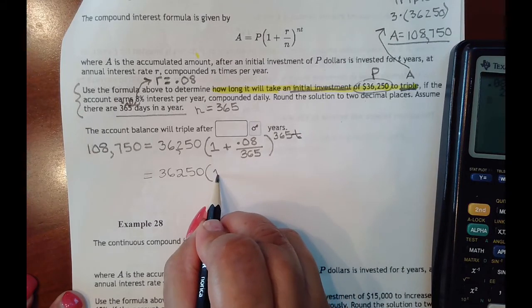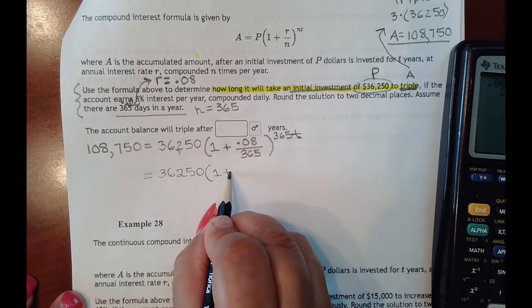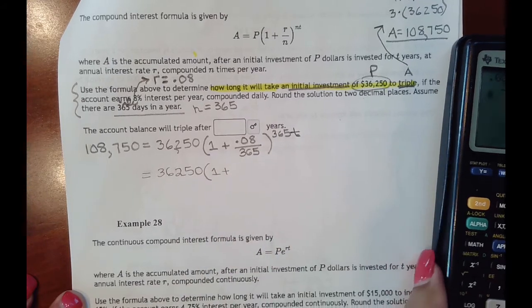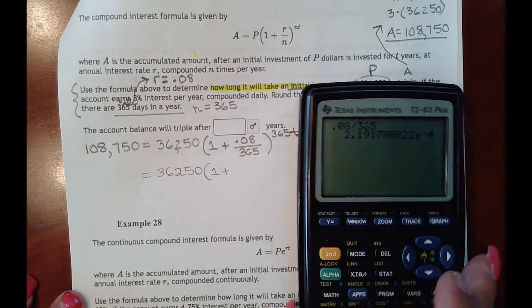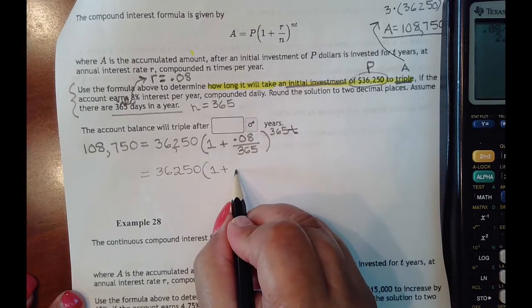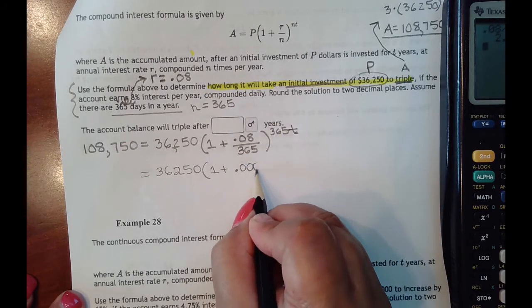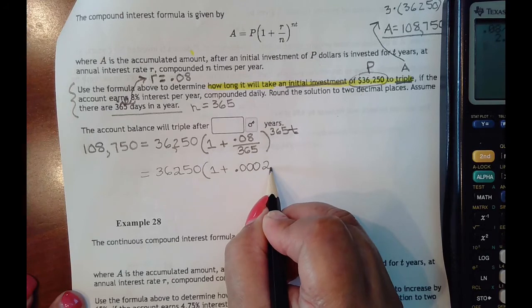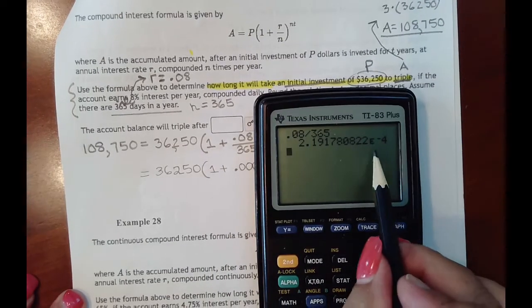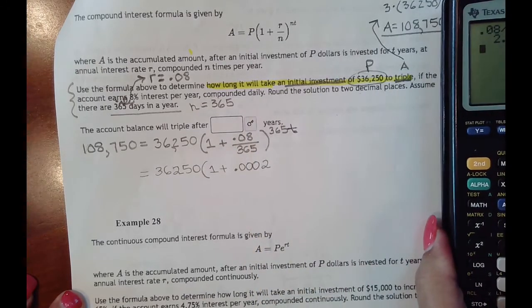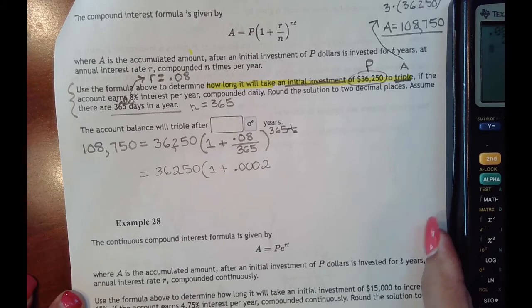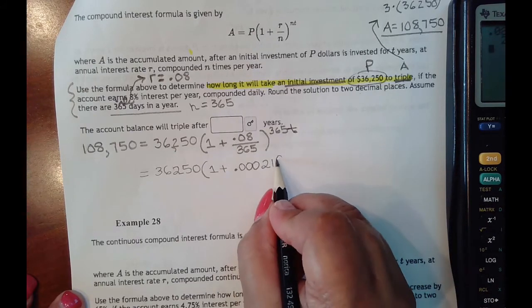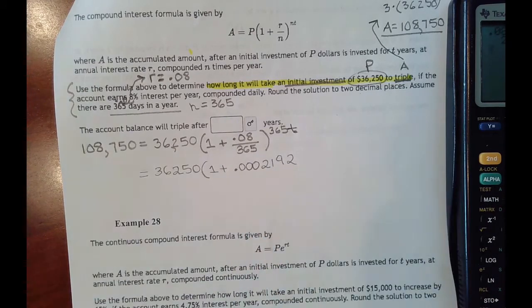Okay, so it's 1 plus 0.08 divided by 365 is, slide it around there, and then 3 more times, filling in the 0. So 1, 2, 3, we slid around the 2. We just took that 4 places to the left, which is what that negative exponent means. And then you can even write a few more numbers if you want to have some good accuracy here. So 1, 9, 2.